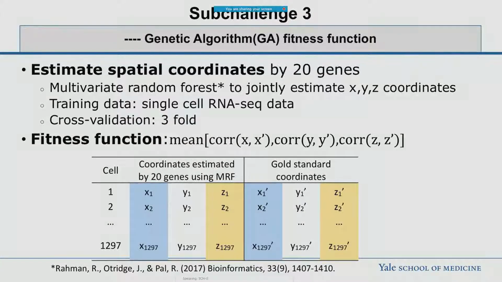We just want to see if the correlations for the x-axis, y-axis, and z-axis are high. That means we already have gene sets with high correlation that contain the most valuable information on spatial locations. I want to acknowledge that this is specific to this sub-challenge because we already know there are gold standard coordinates here. It might not be generalizable to other settings.